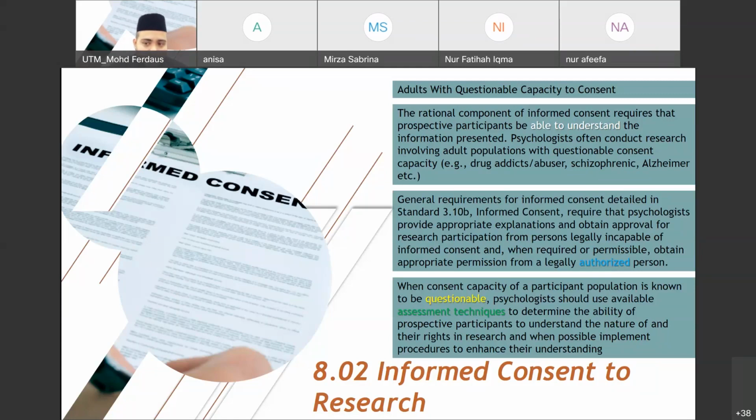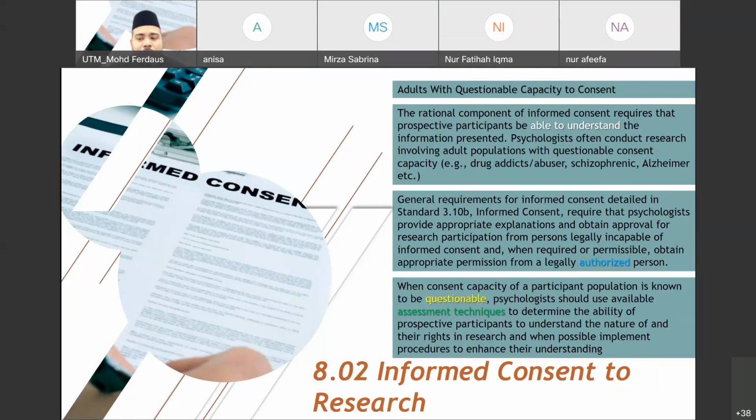The general requirement for informed consent, detailed in standard 3.10 that we have discussed before, requires that psychologists provide appropriate explanations and obtain approval for research participation from persons legally incapable, who don't have the capacity of informed consent, and when required or permissible, obtain appropriate permission from legally authorized persons, even though they are adults.